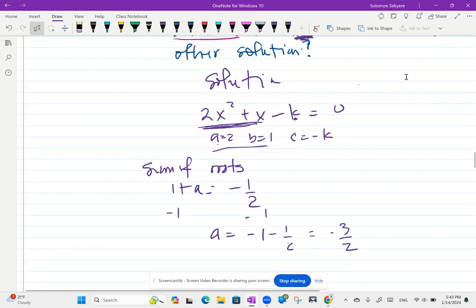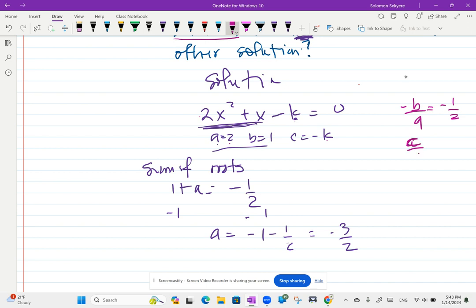Whenever we have a quadratic equation and we are talking about the roots, we have to quickly think that the sum of the roots is minus b over a. So what is our b here? a is 2, b is 1, c equals negative k. So the sum of the roots is minus b over a, which is negative 1 over 2. The product of the roots will be negative k over 2.